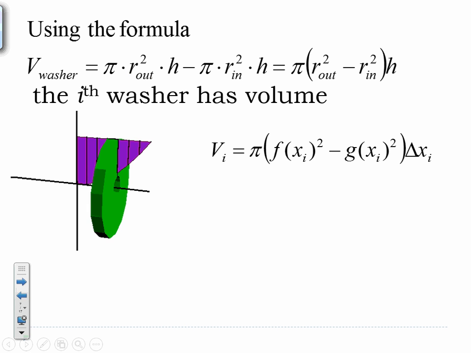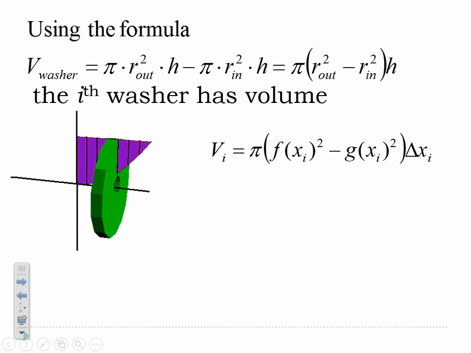So if the volume of a washer is pi r squared h minus pi r squared h, let's talk about the volume of all of my infinitely small washers. Infinitely thin washers, right? All of these washers have thickness dx, correct?